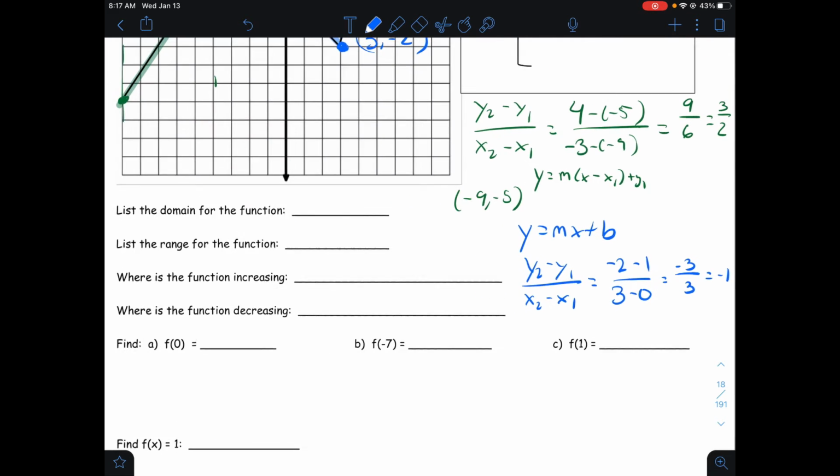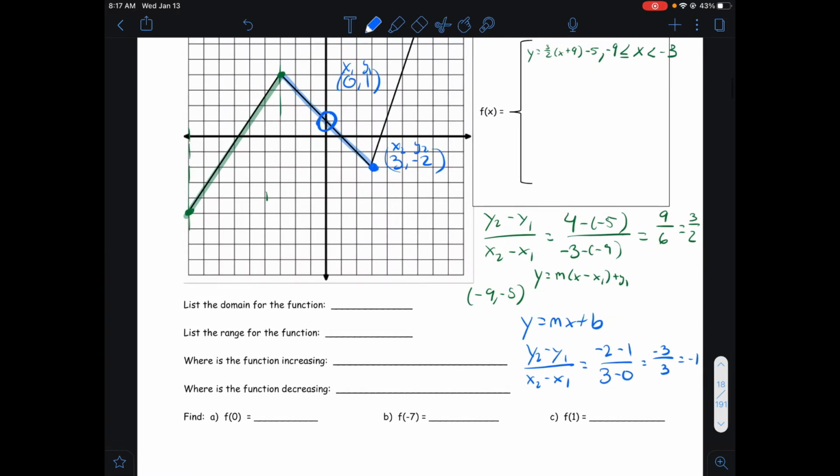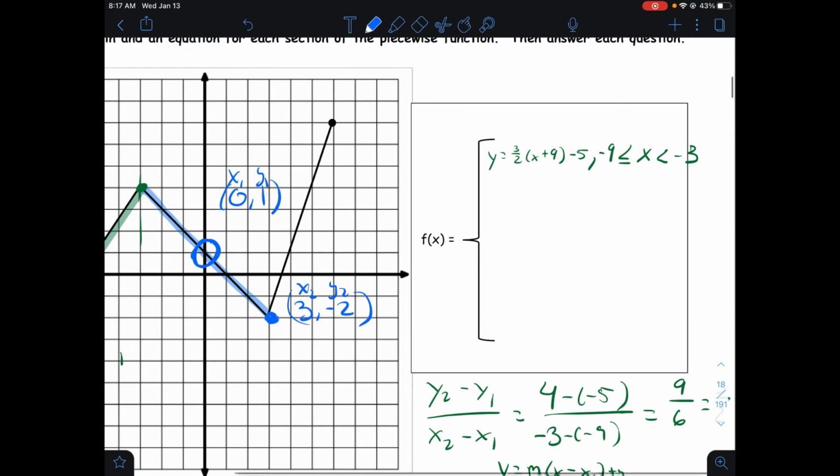That gives us a slope of negative 1. Now for this equation, we know our slope, which is the m part, and we know our y-intercept, which is the b part. So the equation is y equals negative 1 times x plus 1.